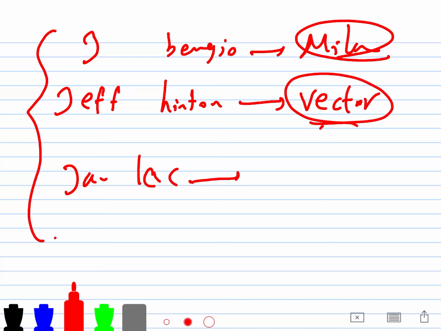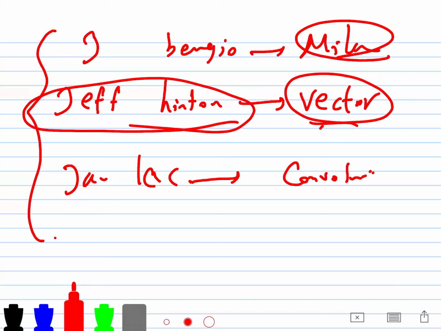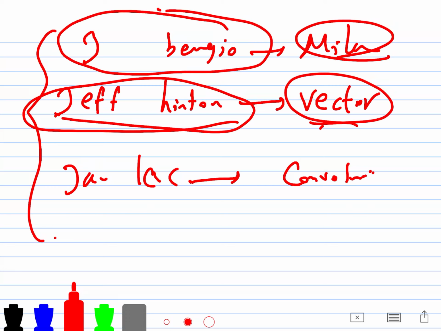We know him for convolutional neural networks. We know Geoff Hinton whenever we talk about restricted Boltzmann machine, also semantic hashing, also capsule neural networks. And when I think about Bengio, he wrote an article recently about graph transformers. And so these three guys are really there.